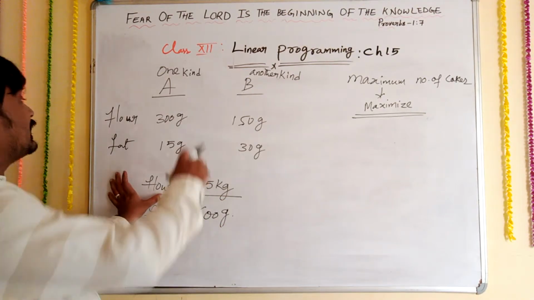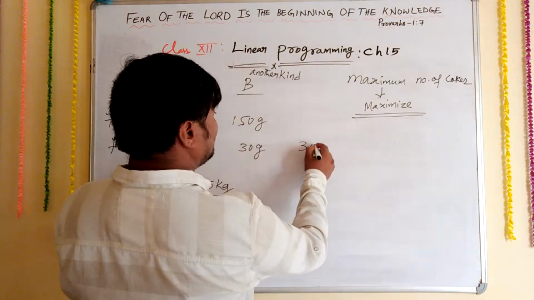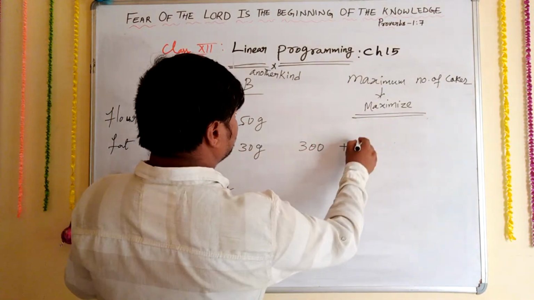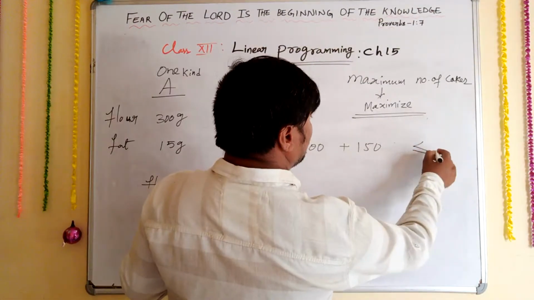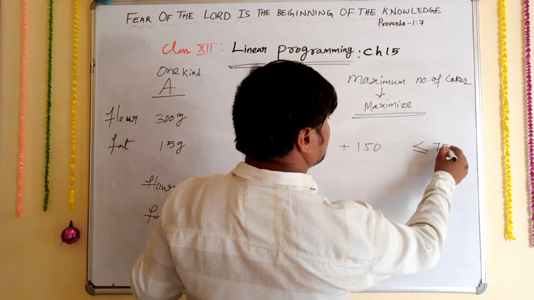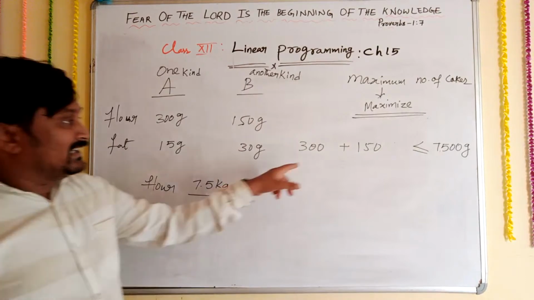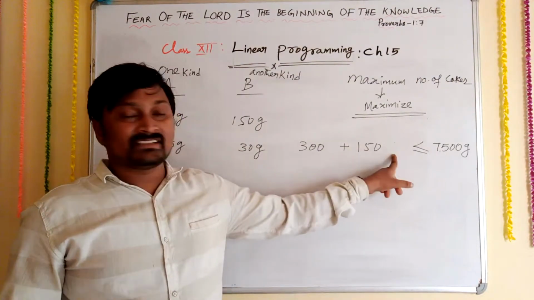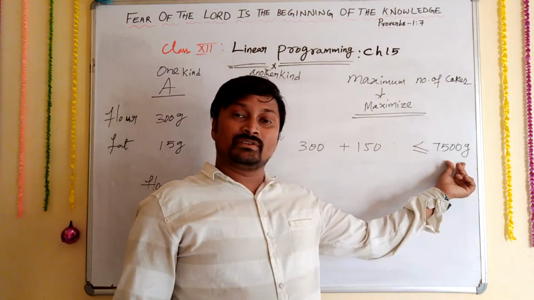So now flour here, A kind it is 300, B kind 150. So 300 plus 150 should be less than or equal to 7.5 kg, that is 7,500 grams. Okay, why the gap was given, I'll tell you later.